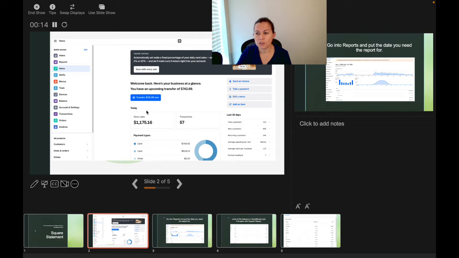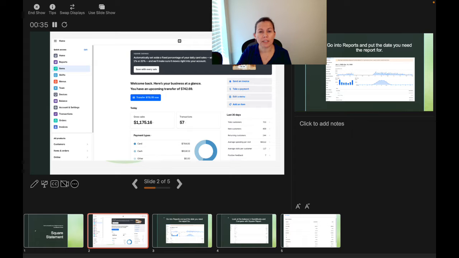So when you log into your QuickBooks Online, you will see on the left hand side home. If for some reason you don't see this left hand side menu, you can click on the three lines on the top left hand side, and then click on reports.